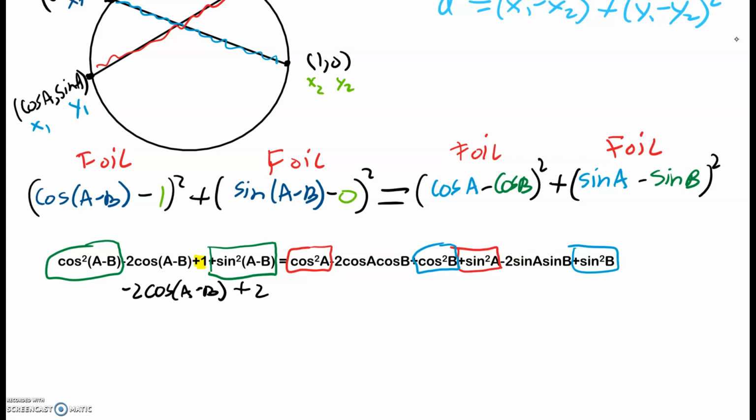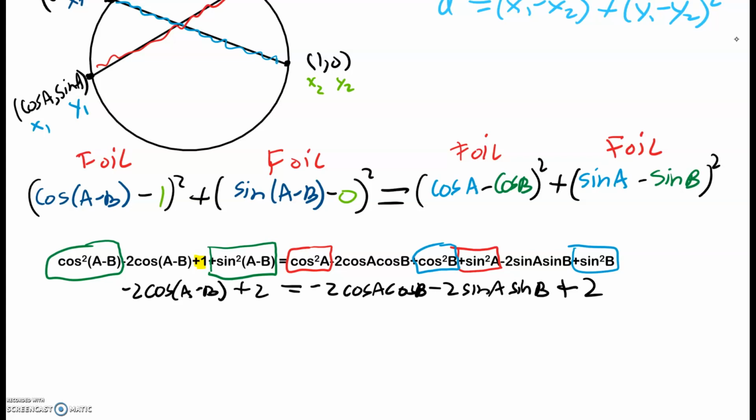So that's plus 2, and that's going to equal a negative 2 cosine A cosine B, and then minus 2 sine A sine B. And then I have another plus 2, because everything in red is 1, everything in blue is 1, so that's plus 2 right here.